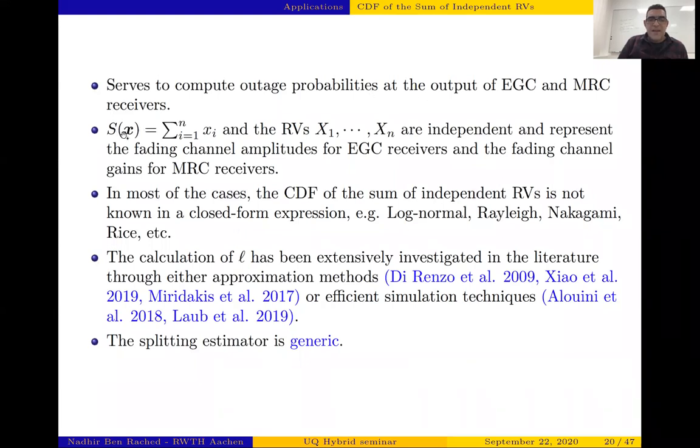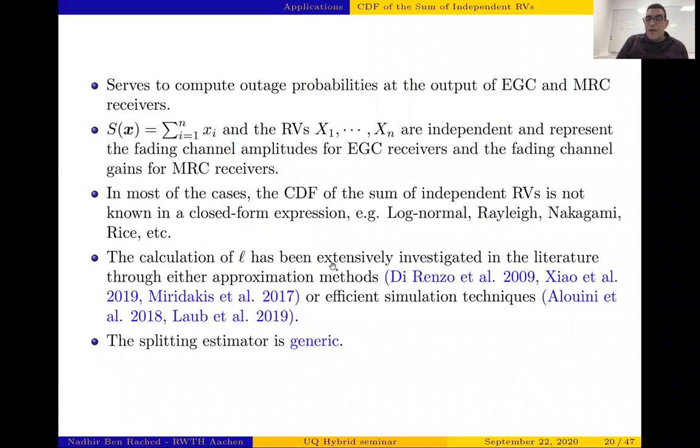So S of X would be equal to this sum, where X1 to Xn are independent and represent, for instance, the channel fading amplitude or the signal power of the channel. In most cases, even if it looks easy, the CDF of the sum of independent random variables is not known in closed form. Some examples are the log normal, the Rayleigh, the Nakagami, and the Rice distributions.